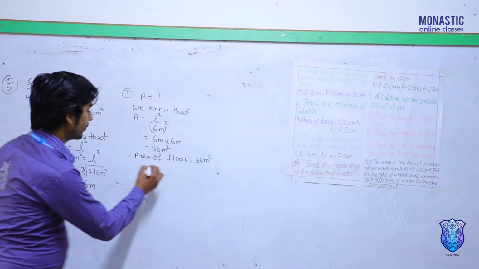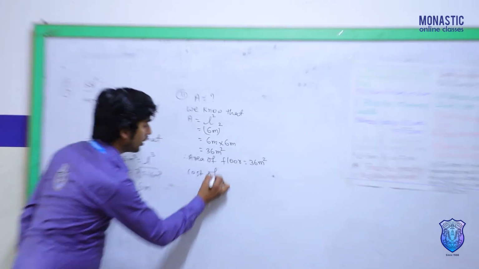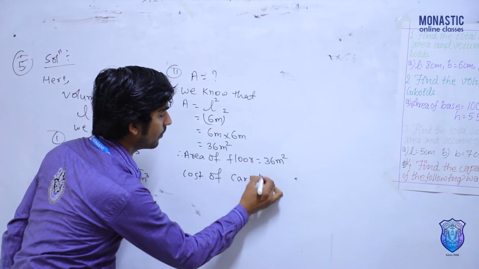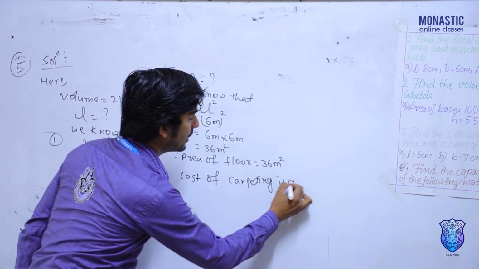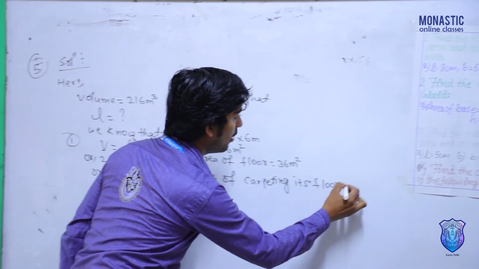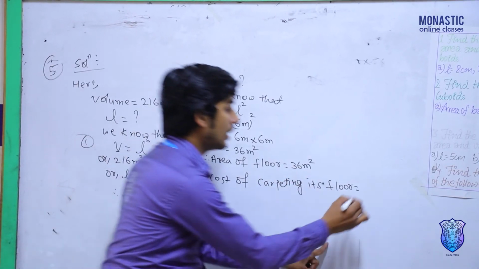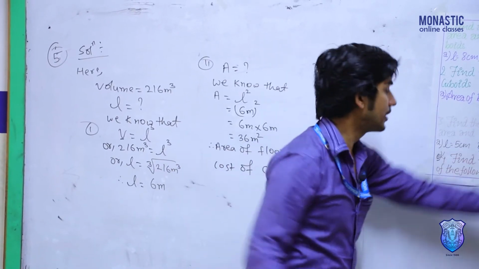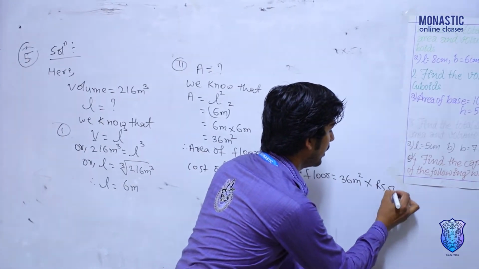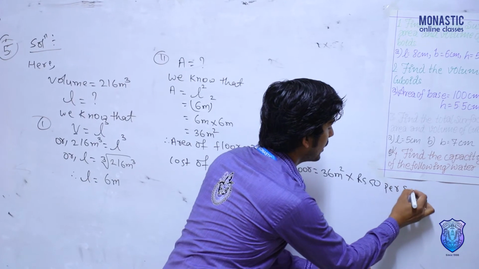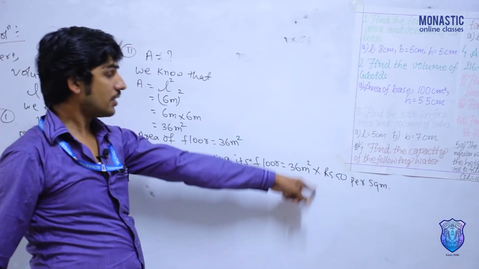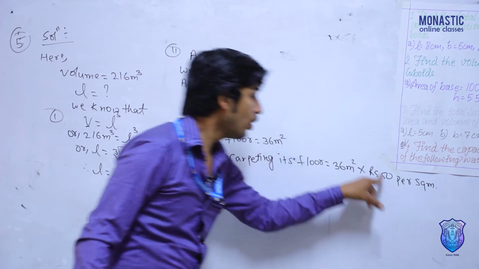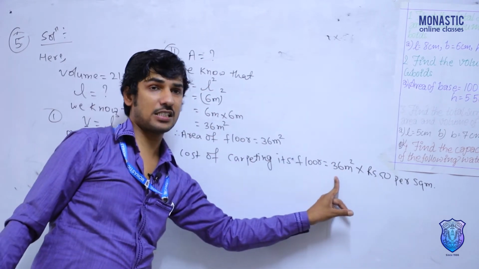Take here, cost of carpeting its floor is equal to how much? 36 square meter into Rs 50 per square meter. It means if 1 square meter is 50, that's why we have multiplied 36.